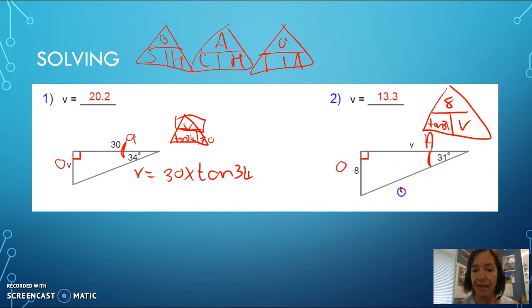In this case, V equals 8 divided by, or you can just put it over, tan of 31. So in your calculator, you're just going to put in 8 divided by tan 31. And what do you get? 13.3.